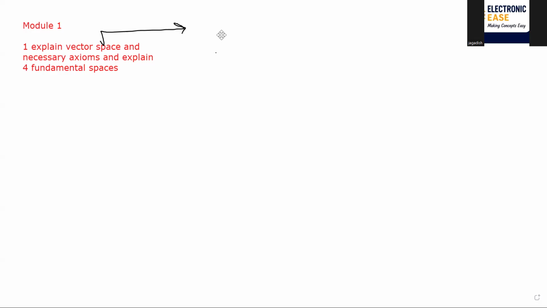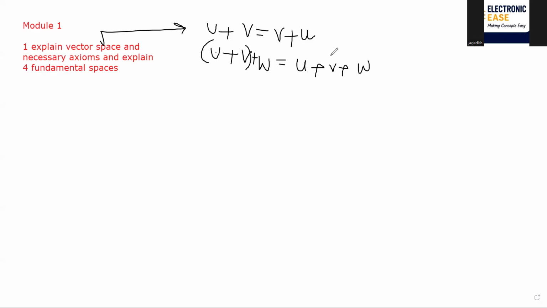And if it is u plus v plus w, you are just rearranging your terms, then it is called the associative property.